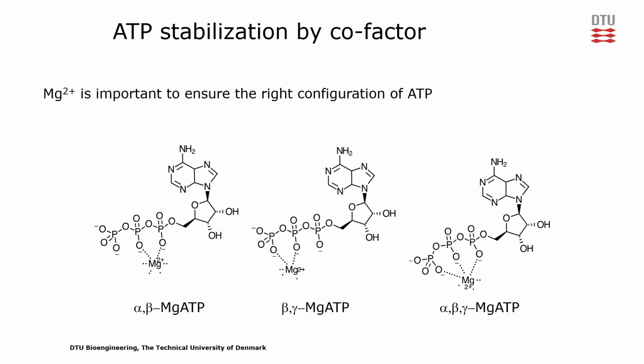So one of the key factors is the cofactors. We talked about cofactors before, and cofactors are super important in biochemistry. And here you can see an example why. They are stabilizing the ATP. As you can imagine, the magnesium ion has two positive charges. And if you look on your right-hand side, you can see how this magnesium suddenly interacts with all three oxygen atoms.